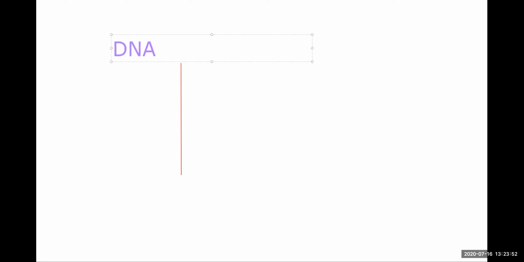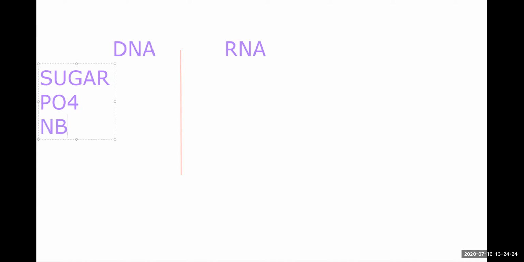DNA and RNA. You need to remember the building blocks that make a nucleotide. What are nucleotides made up of? They are made up of sugar, then phosphate, and then nitrogenous bases.